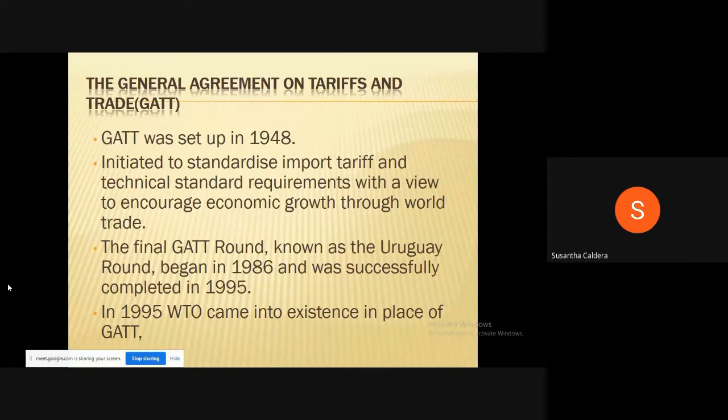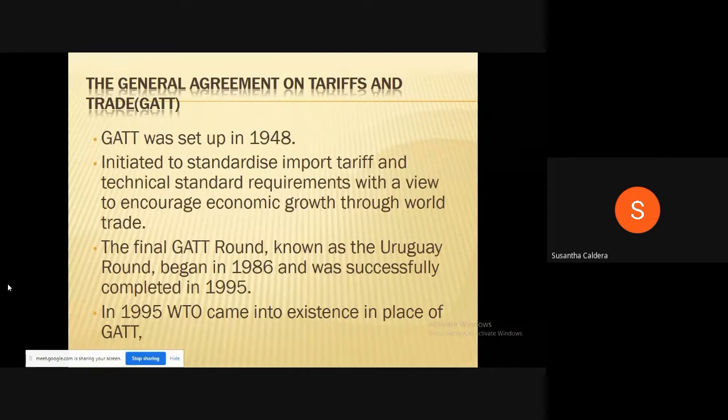Then this was happening. For example, if America wants to utilize that theory, they were trying to export all their products outside.